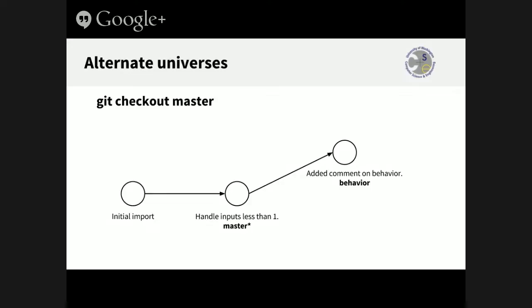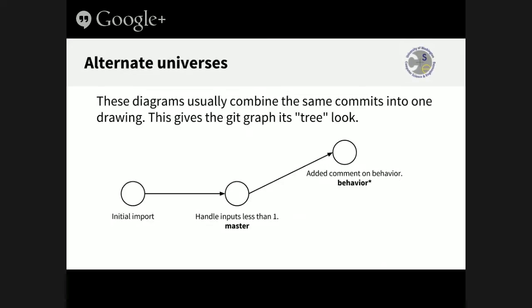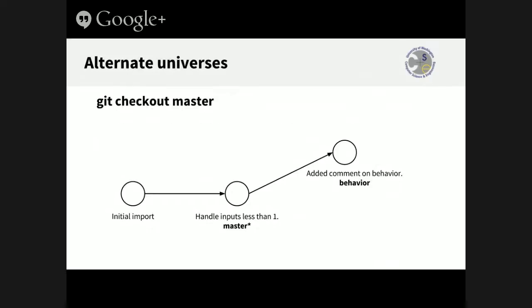Okay, so if you were here before on behavior and you say git checkout master, then this will jump you back to the master alternate universe, which just happens to be the same thing as behavior, but a little bit back in time. Now when you're at master, you can create another alternate universe called exception, maybe.